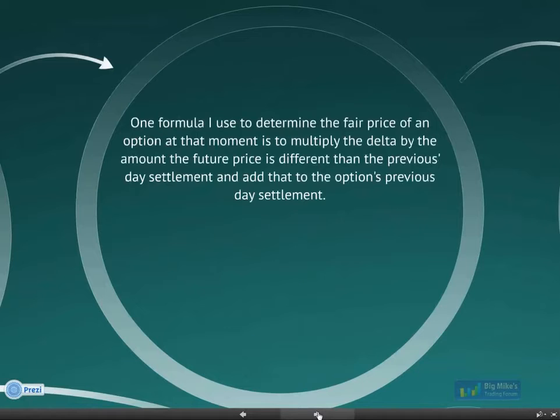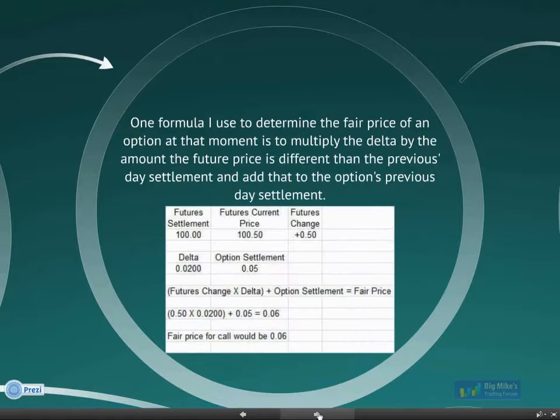One formula I use to determine the fair price of an option at that moment is to multiply the delta by the amount the futures price is different than the previous day's settlement and add that to the option's previous day settlement. In this example, we'll say crude settled at $100 the prior trading day. Today, it's at $100.50, so the futures change is plus 50 cents.